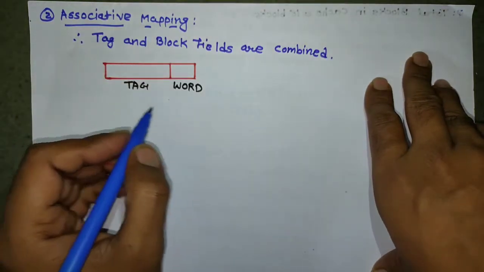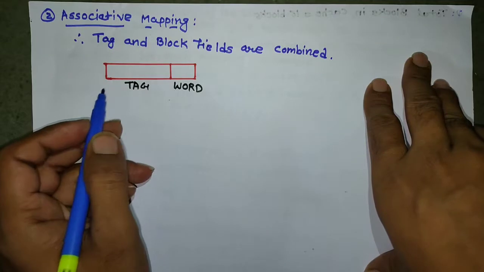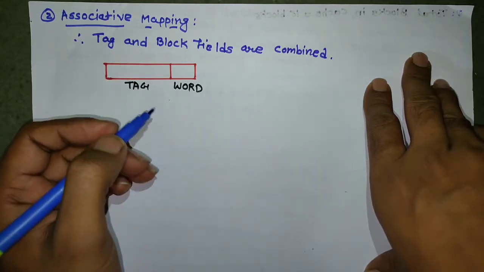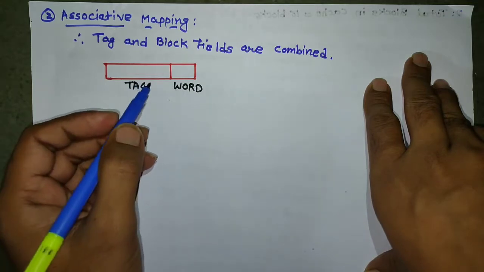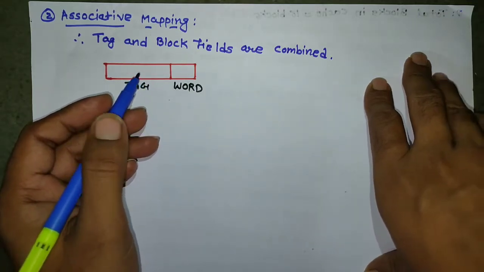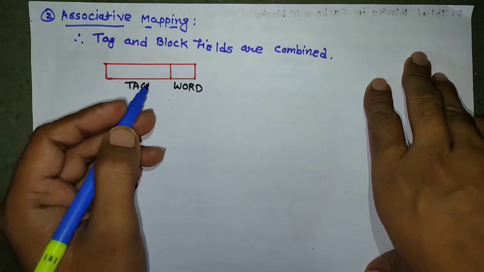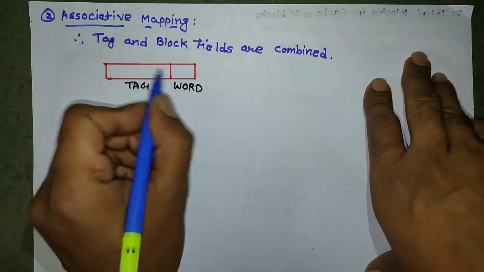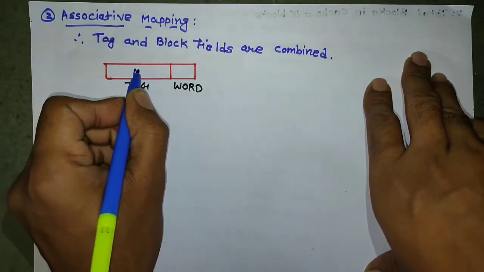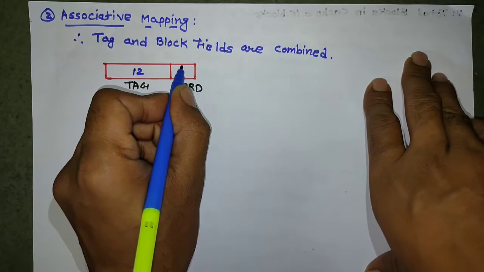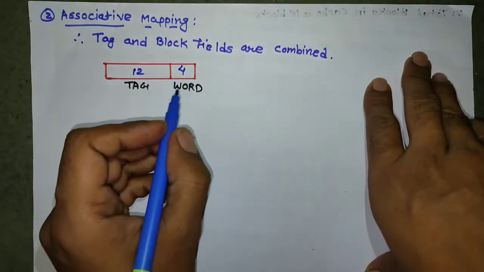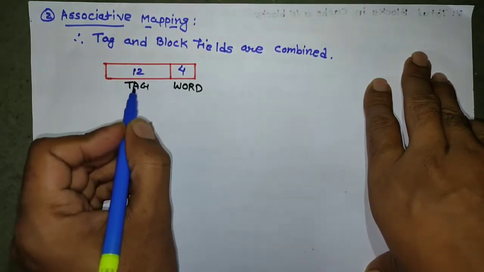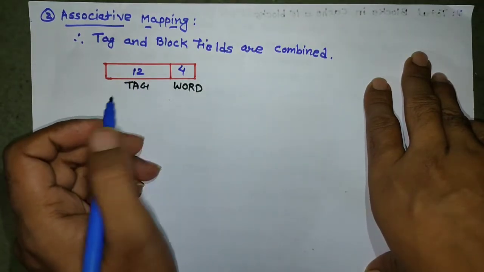So how many bits did we calculate for tag and block in the previous example, that is direct mapping? In the previous method we calculated 7 bits for block and 5 bits for tag. So 7 plus 5, that total will be 12, and word bits we calculated as 4 bits. So you can consider 16 minus 4 equals 12, as we have combined the block and tag fields.